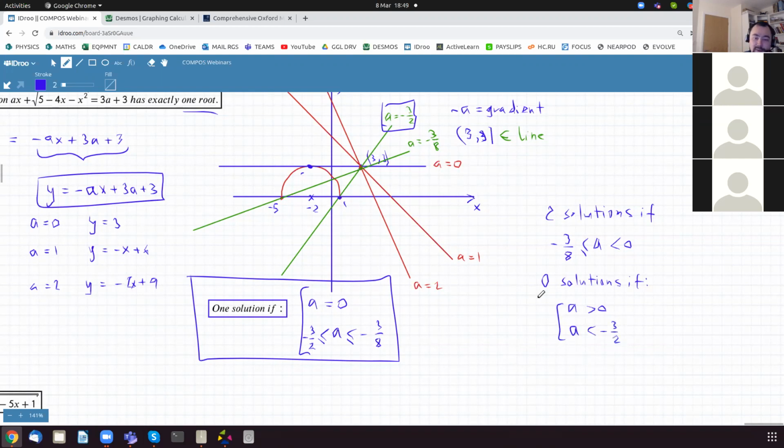Yeah, so then there are no solutions. Sometimes they might ask you for this, but usually they want something in particular.